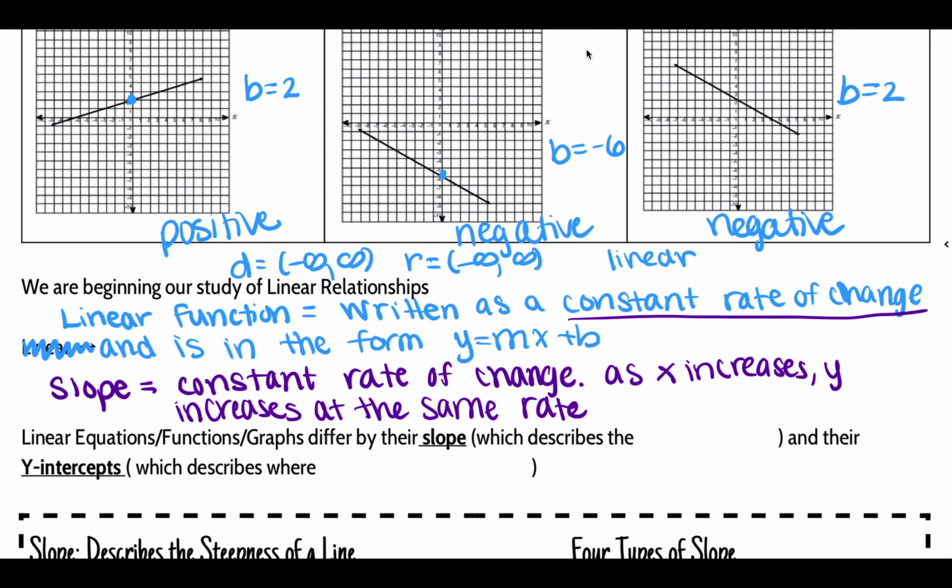So linear equations, graphs, or functions differ by their slope, which we just described. Slope is your steepness and your direction of a line, and your y-intercept, which I pointed out above, your b value, is where your line crosses the y-axis.